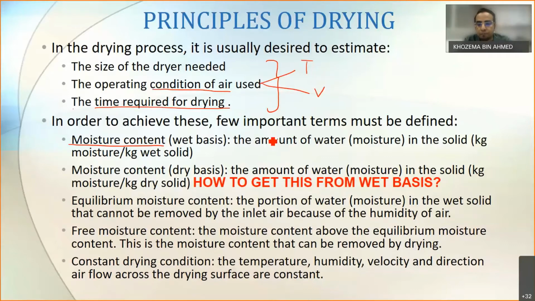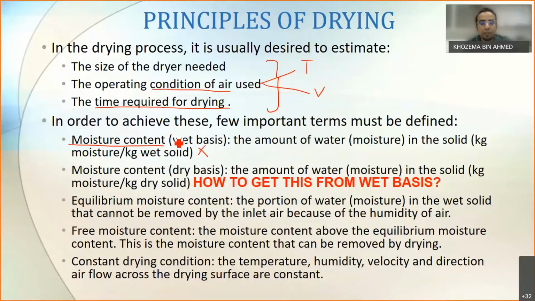And the symbol for moisture content that we'll be using is X, okay? And the unit here is going to be kg of moisture per kg wet solid, right? So I can just write here, the symbol is X. But remember, it's kg moisture per kg wet solid. That is your moisture content in terms of weight basis.